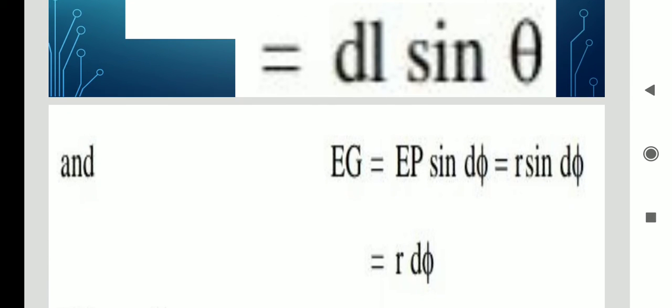From the same figure, EG equal to EP sin d phi.